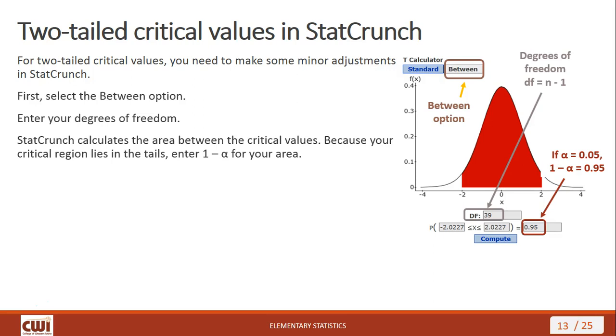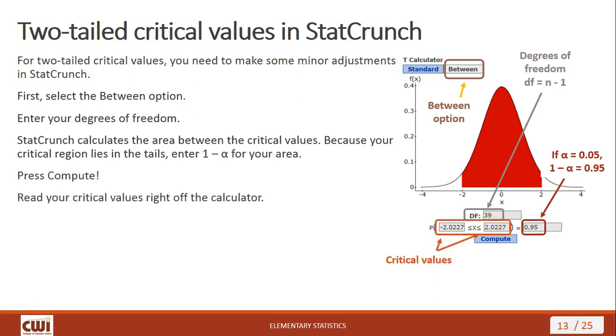Take 1 minus your alpha level and put that in for the area to the right of the equal sign in your probability calculation. Once you do that, you hit compute and out pops your two critical values. Notice that you essentially have the same number, just one's positive and one's negative, and this is because the t-distribution is symmetric about the mean.